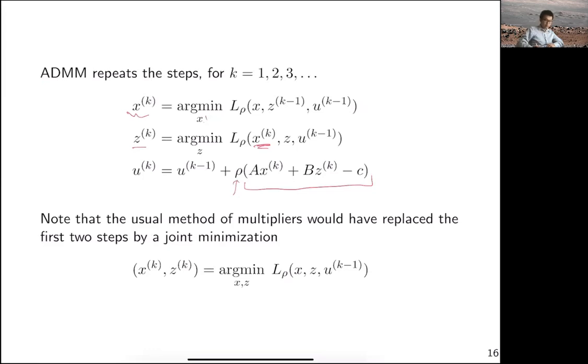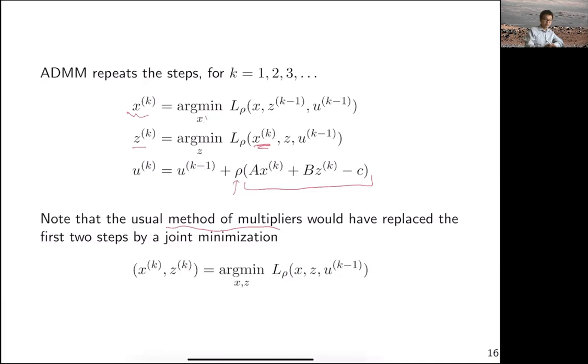Okay, if you consider solving the same problem using the original augmented Lagrange multiplier method, or the standard method of multipliers, it will be more expensive.